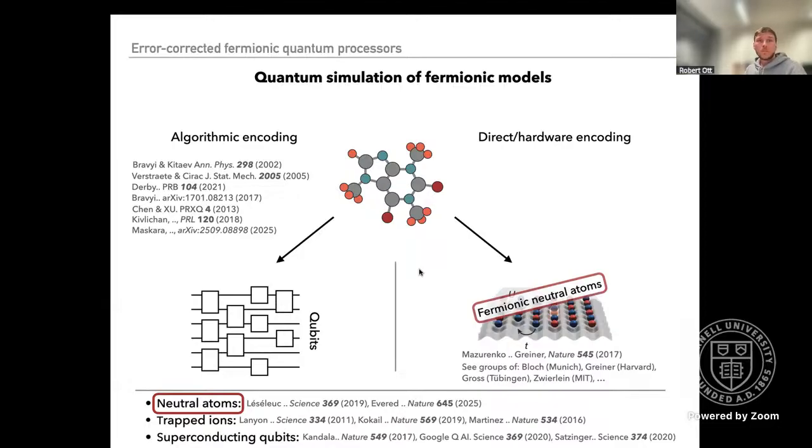So there's a relatively long history now of a lot of experiments in a lot of experimental groups across the world where you use optical lattices, and using these optical lattices, you can trap atoms, both bosonic but also fermionic. And you can really create these systems really large and with high amounts of coherence and control in the lab, and directly study, for instance, the phase diagrams or the real-time dynamics of fermions in the lab.